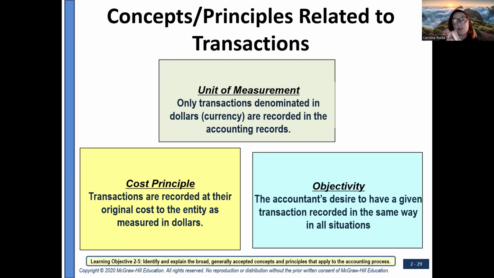Transactions are to be recorded at costs, and in dollars. As accountants, especially with managerial accounting, where we are making projections and estimates, it's always important to maintain our objectivity.